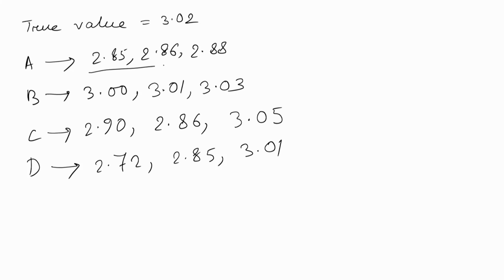So the values of A, 2.85, 2.86 and 2.88. These values are close to each other, but they are not close to the true value. So we can say this has precision, not accuracy.